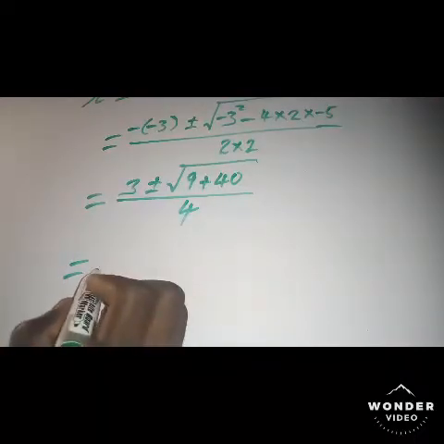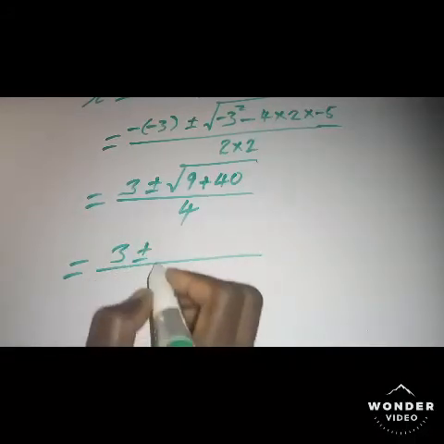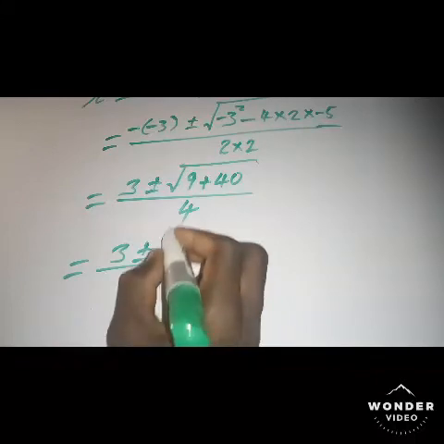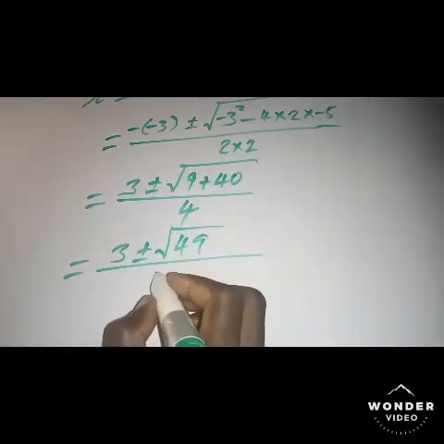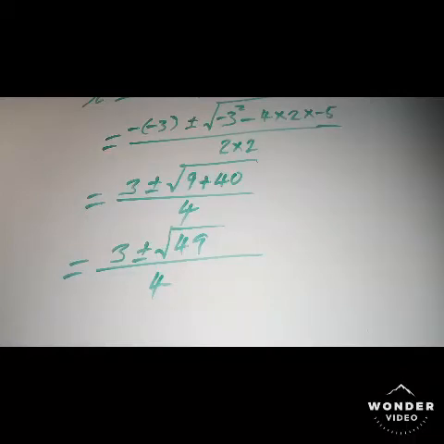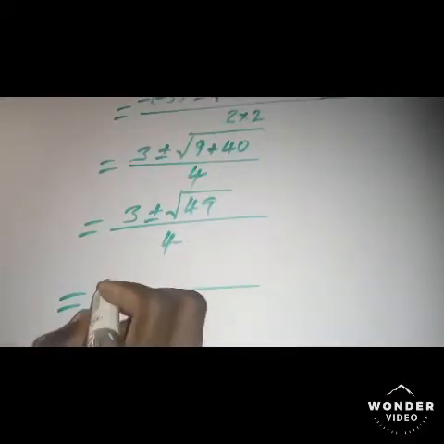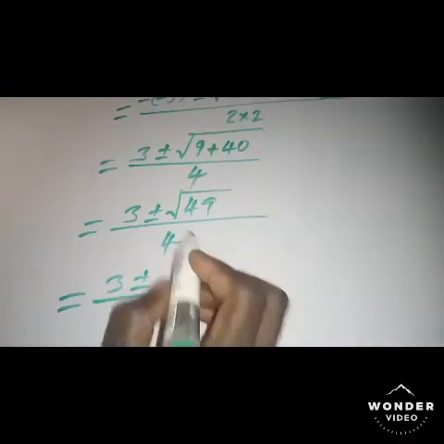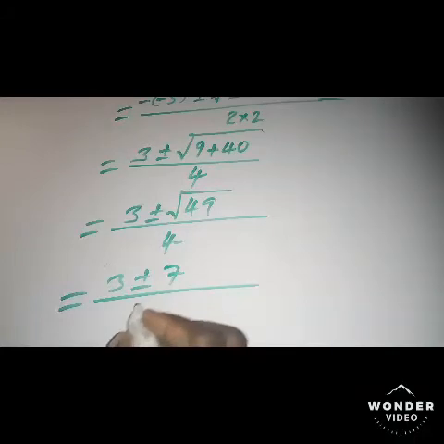So simplifying further, here you got 3 plus or minus the square root of 49 all over 4. Simplifying further, you got 3 plus or minus the square root of 49, which is 7, all over 4.